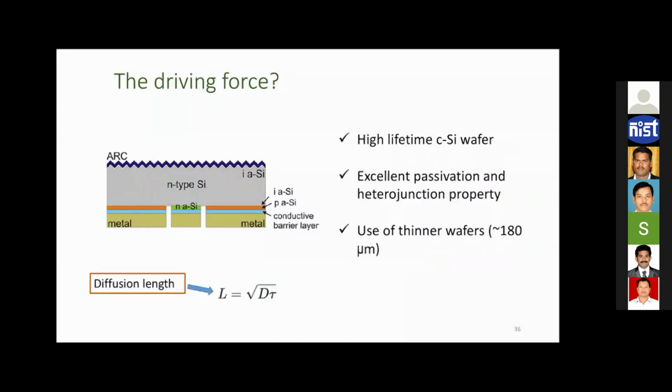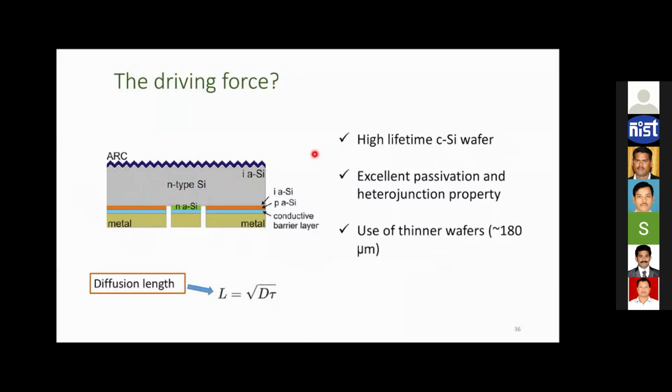The answer is that it is a combination of some important factors that are facilitating the efficient electron and hole collection. So let us talk one by one about these factors.